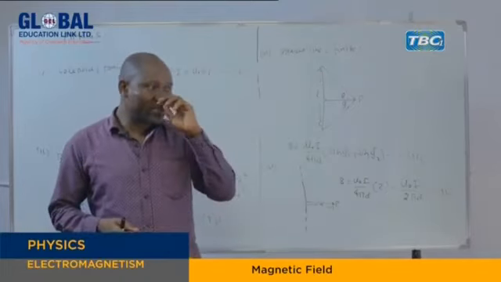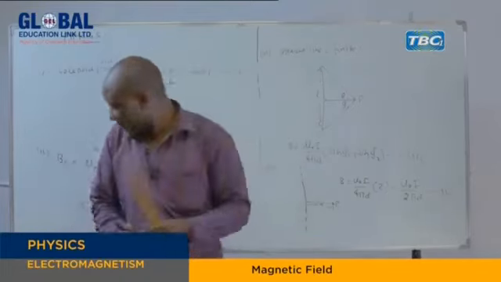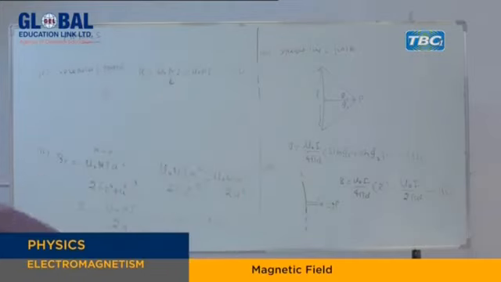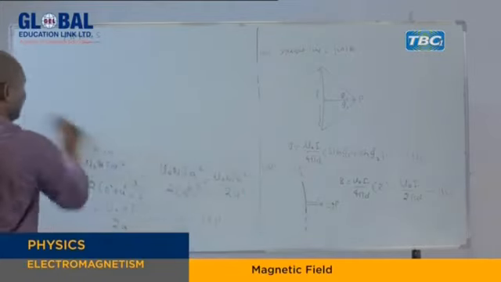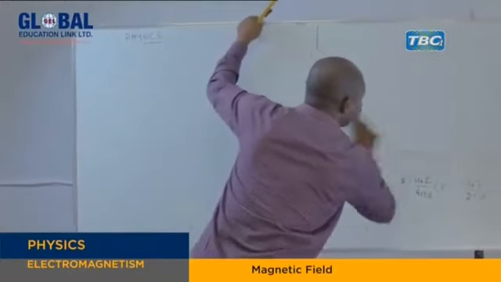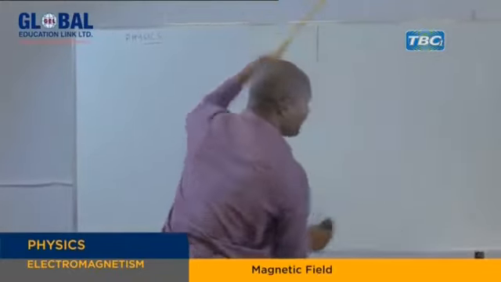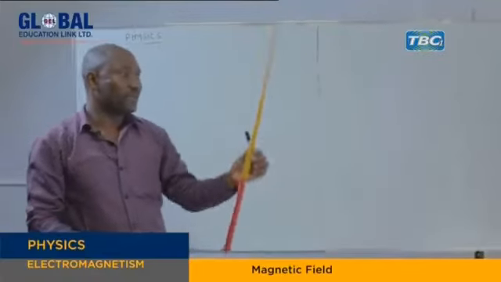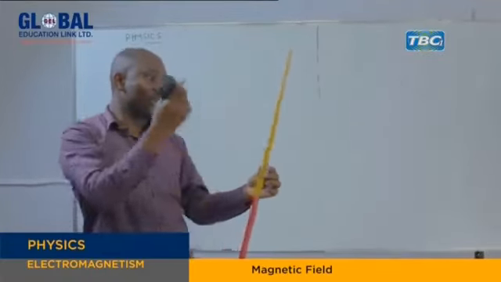Now, to start with, the question is asking that we had a wire. Let's start with the diagram. This kind of wire, the length is given and the current flows.